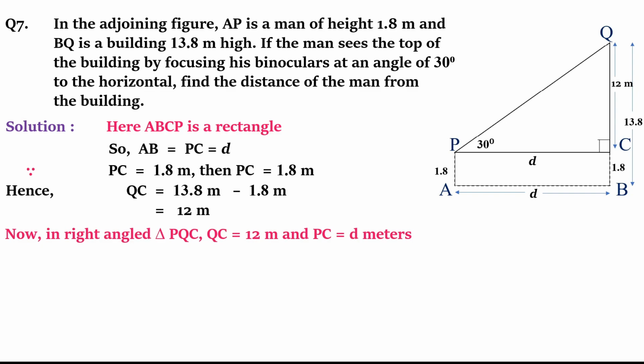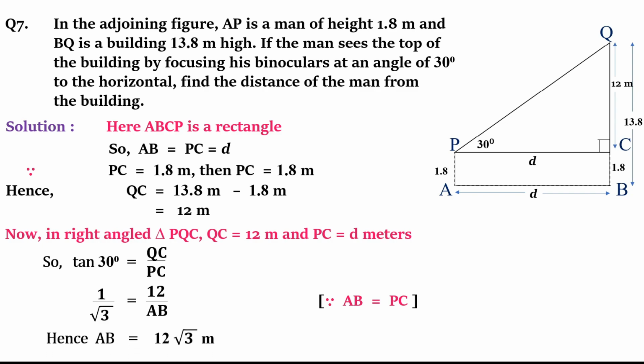Because I am having perpendicular and base, that means I will use tan. Tan 30 is equal to QC upon PC. We will substitute the value tan 30 from the standard angle table, and QC is 12. PC means AB only, we will substitute AB, and from here I get the value of AB as 12 root 3, and this is my answer. This is the distance of the man from the building.